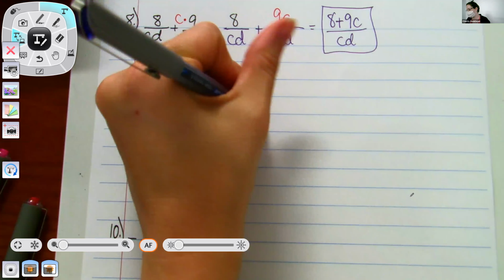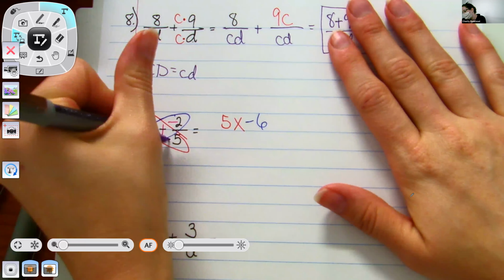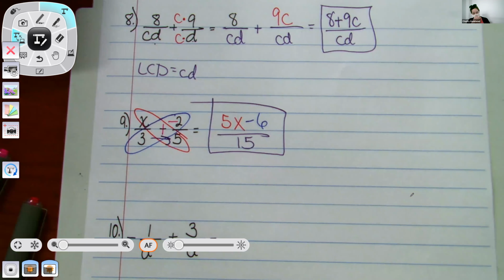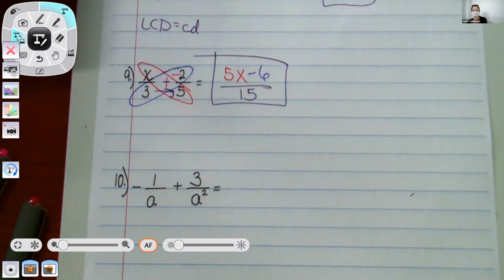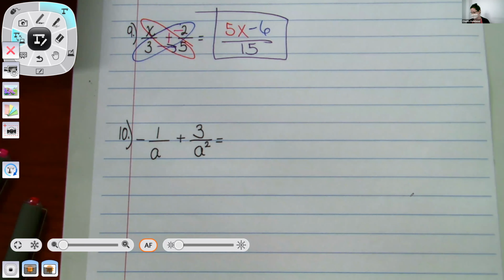I could have said plus negative 6, but it's the same thing as minus 6. And it's all over 15.